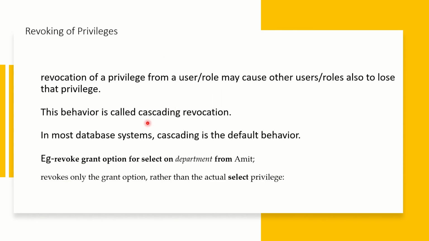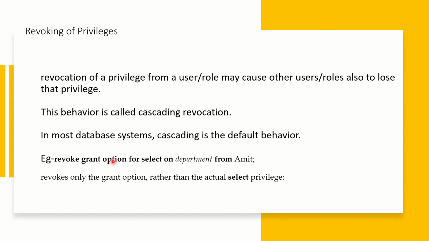Cascading revocation means that if the DBA has given a privilege to one user with grant option, and that user has granted his authorization privilege to another person, then when the DBA revokes it from that particular user, automatically the other person's privilege will also be revoked. That is called cascading revocation.